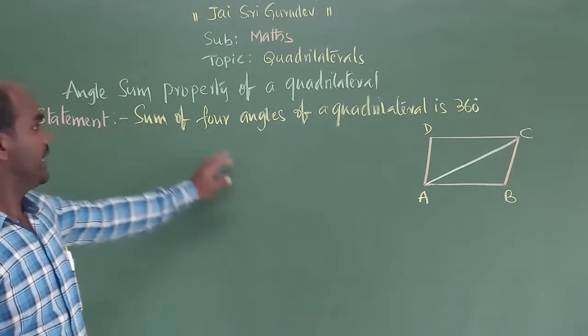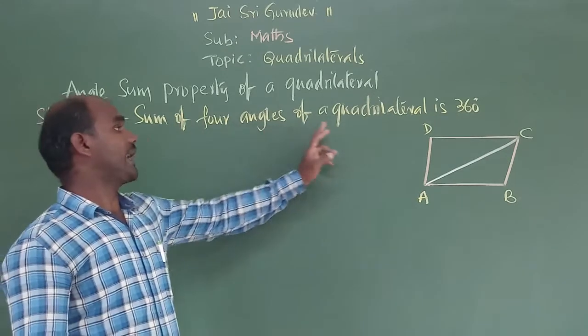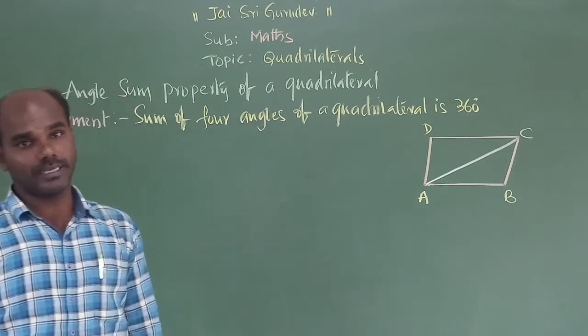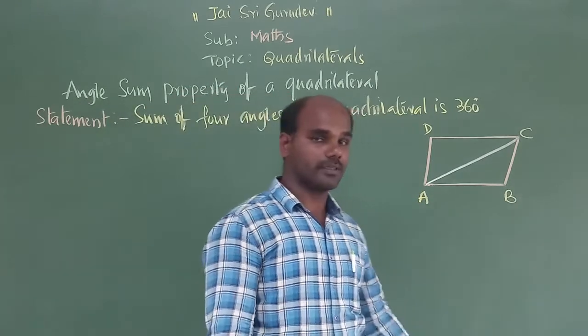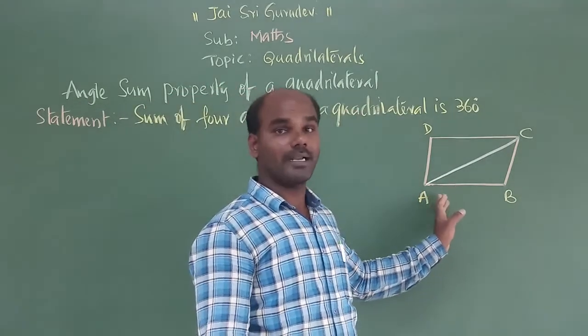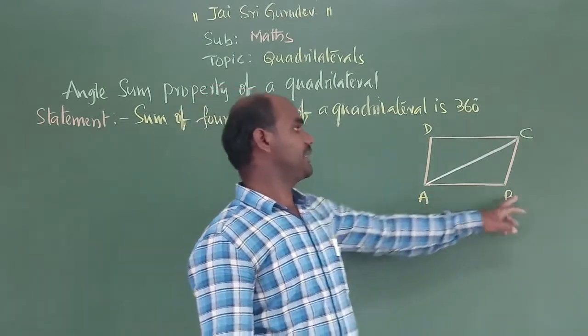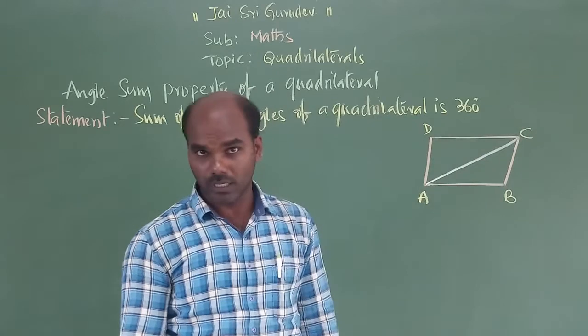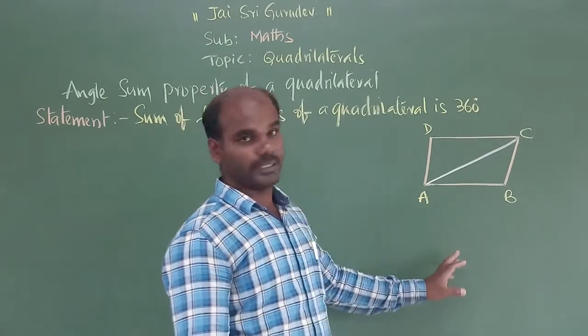So here is the statement: the sum of four angles of the quadrilateral is 360 degrees. A quadrilateral has four sides, no? Along with that it has four angles and four vertices. Now ABCD is one of the quadrilaterals.